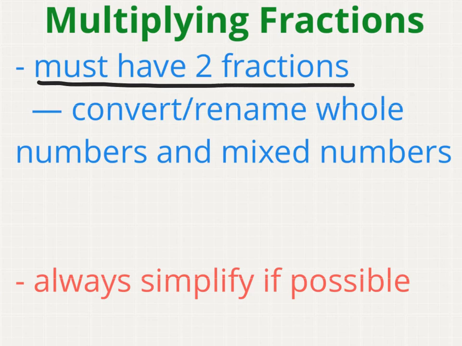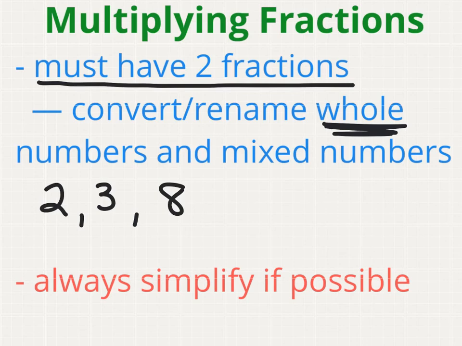If you have two fractions, multiply numerators, multiply denominators, you find your product. If you don't have two fractions, say for example, one of your factors is a whole number, a whole number, whatever it might be, 2, 3, 5, 8, simply put it over 1. That makes it a fraction, and now you can multiply.